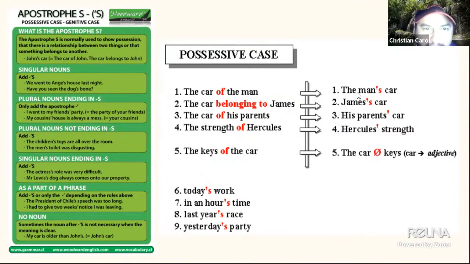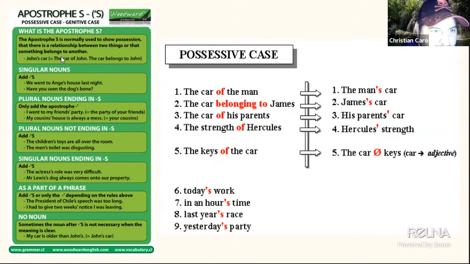The owner is on the left. Normally people and living beings, let's say, can own something, right? But it works with family. Para mostrar la relación, digamos, de familia o de amistad, también se usa el genitive case.